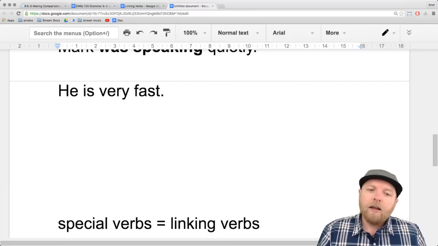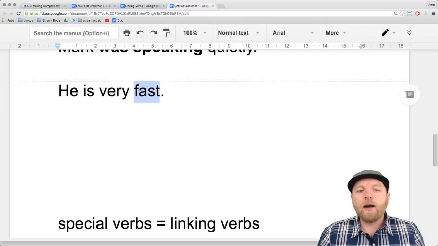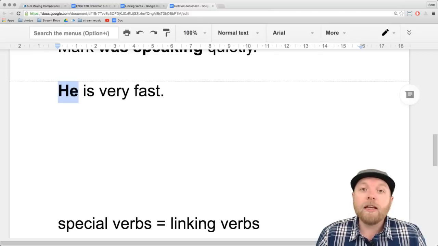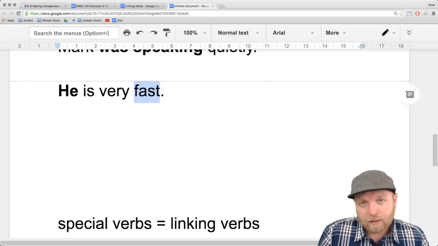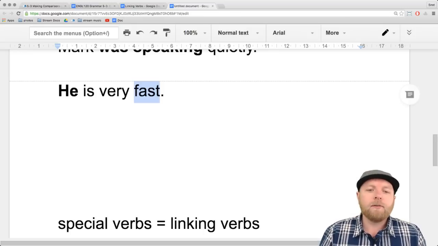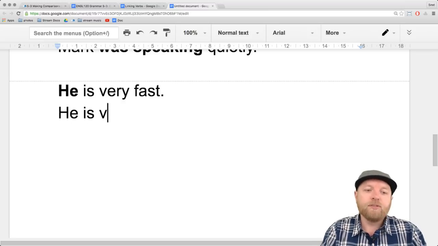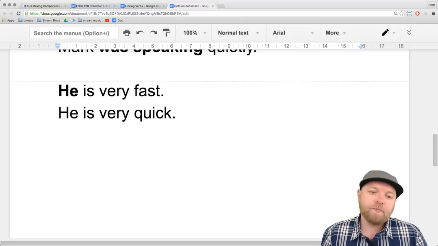So here, let's look at this sentence. This word is describing he, right? He is Usain Bolt. That's a noun. So this is an adjective. What's another adjective with the same meaning as fast? He is very quick.